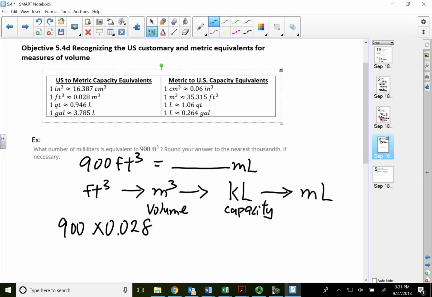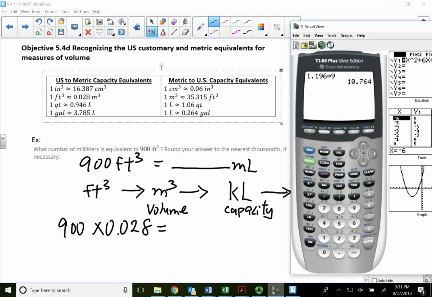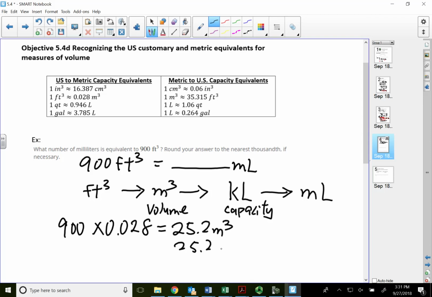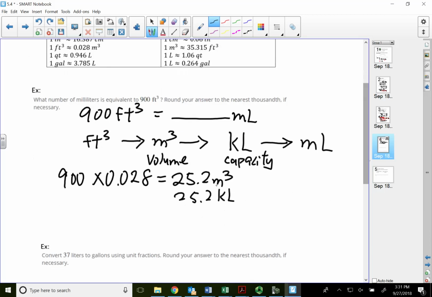So that means at the same time, this answer, let me go see what that is real quick. 900 times 0.028, that's 25.2. That 25.2 means cubic meter, but at the same time, that also means kiloliter, isn't it? It's a 1-to-1 ratio.